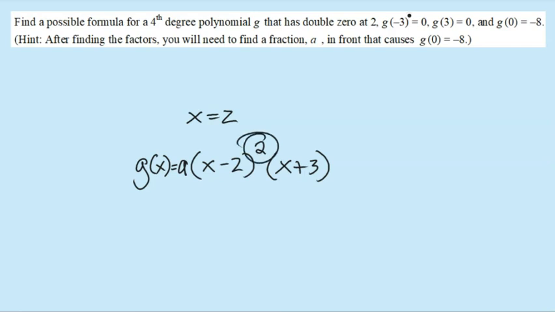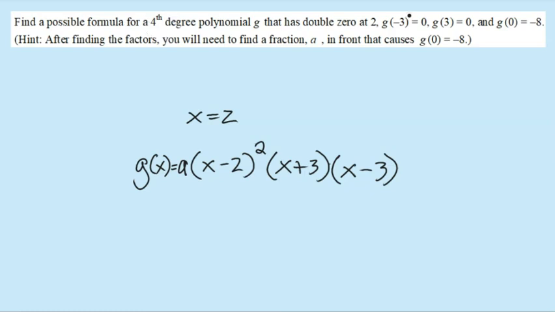So we have 2 factors that are x minus 2, we have a factor that's x plus 3, and then it says that g of positive 3 also equals 0. And that means that we have another factor that's x minus 3.